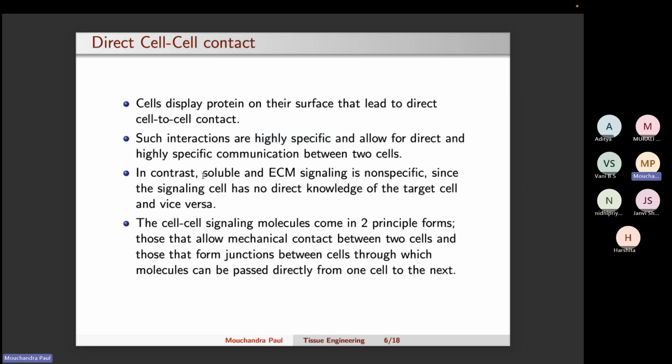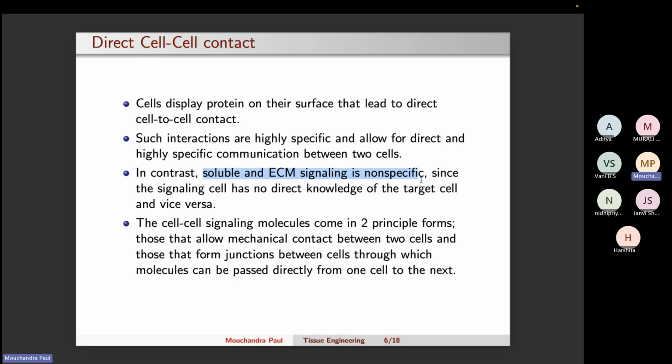Whereas the soluble signaling and ECM signaling is non-specific. Here the target cell is not decided by the signaling cell. It depends on the soluble signals, like how far they can diffuse, or it depends on the composition of the ECM. And ECM is present everywhere in the tissue.